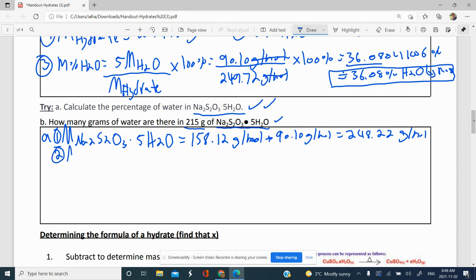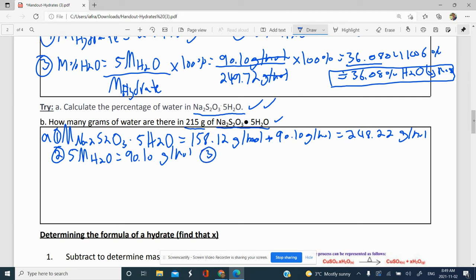Step 2 is finding the molar mass of the water and multiplying it by 5, which we already kind of did in step 1. So let me rewrite that so you can see what I wrote there. 5 times the molar mass of H2O is simply the 90.10 grams per mole.